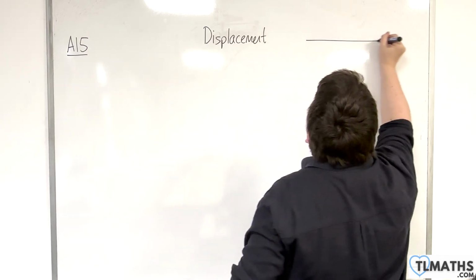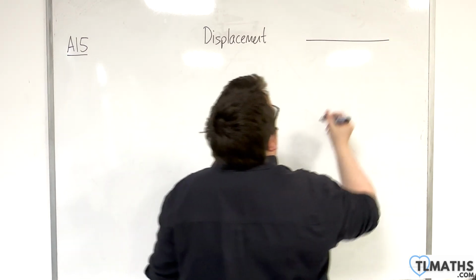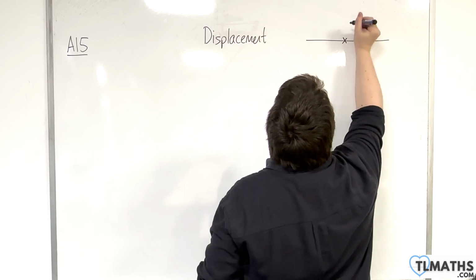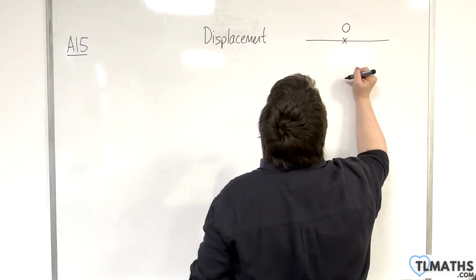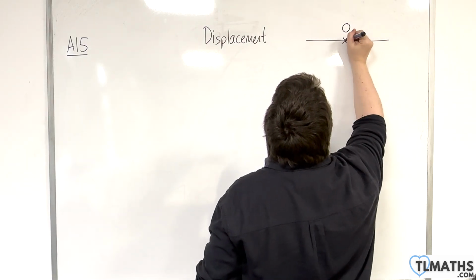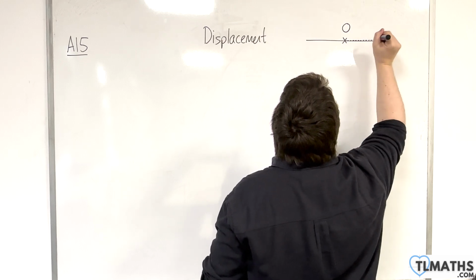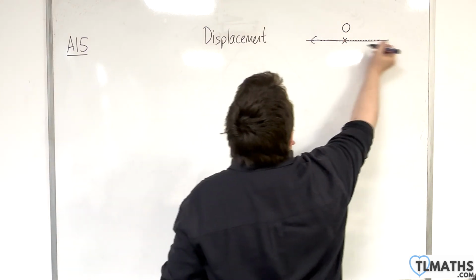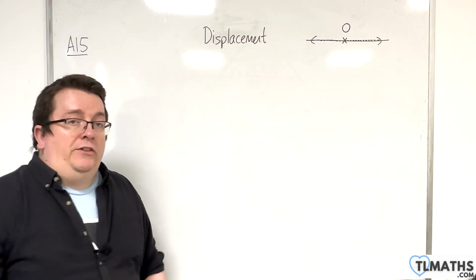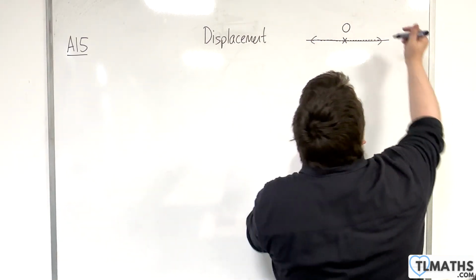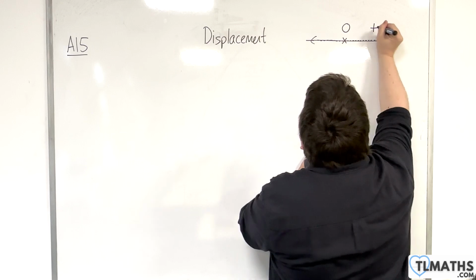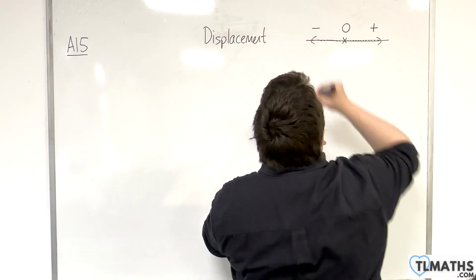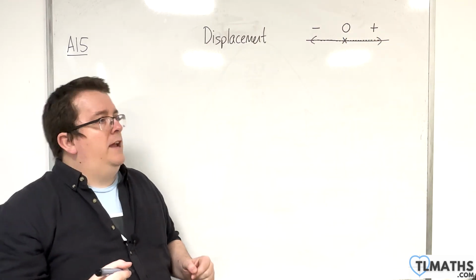So you can imagine that this is a road and there is a person, let's say, at the origin, and the person can walk to the right or to the left. We're going to take to the right as the positive direction and to the left as the negative direction.